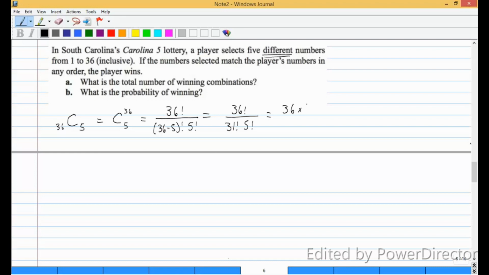This is 36 times 35 times 34 times 33 times 32 times, I'm not going to go all the way because I'm going to stop at 31 factorial because that is one of the numbers in the denominator. And so my 31 factorials will cancel out like that. So now I'm just left with this, which is still a big number, divided by 5 factorial.